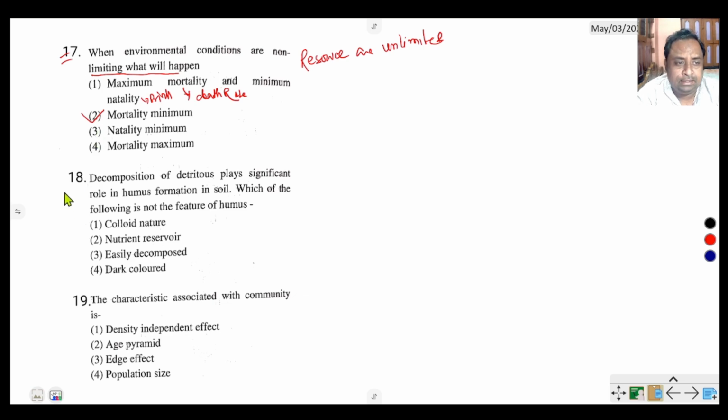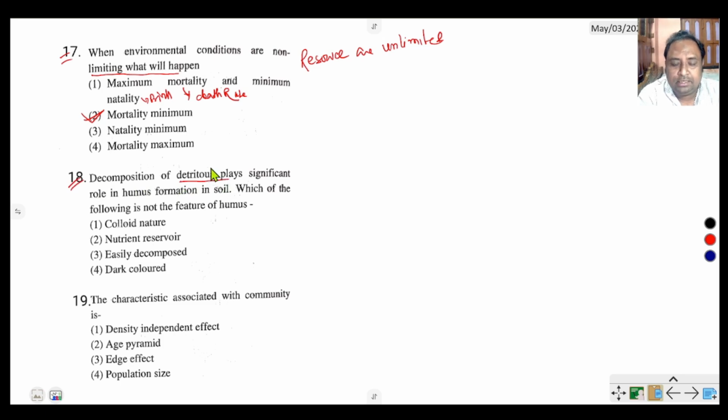Question number 18 says decomposition of detritus.